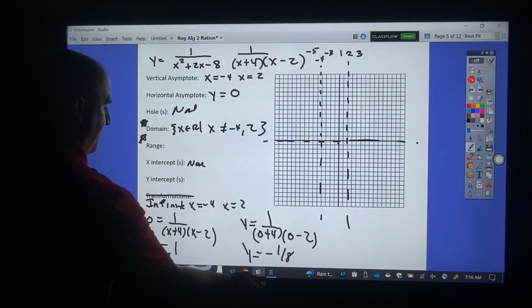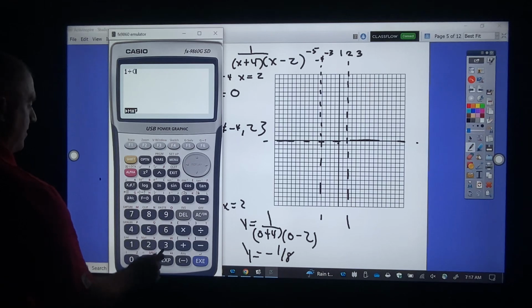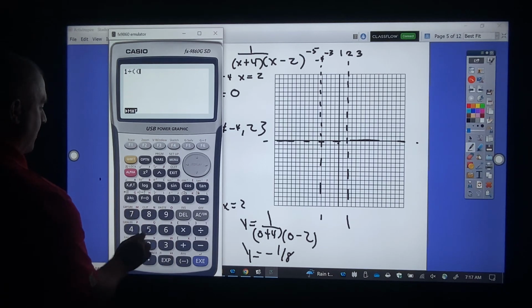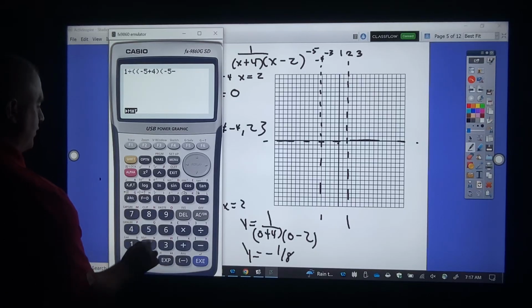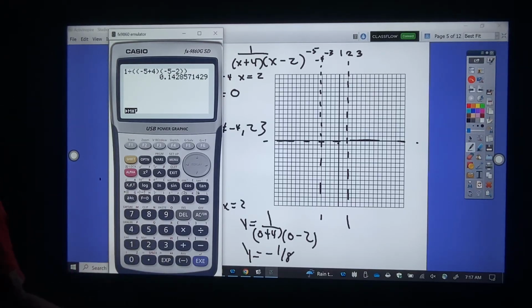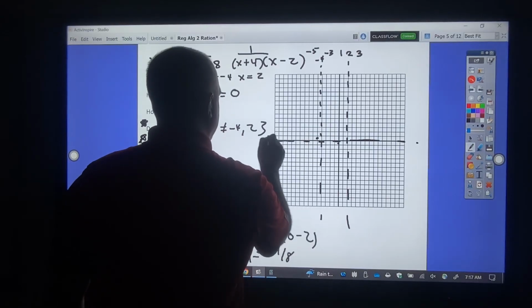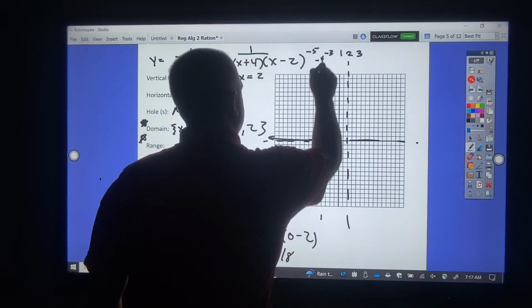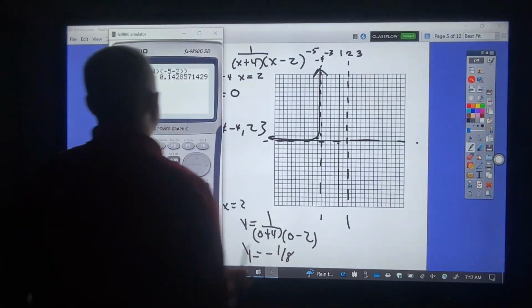Okay, I put -5 in. I've got 1 divided by -5 plus 4, -5 minus 2. Okay, so I get a positive result there, which would be here, which means that this curve does this. Okay, I would do the same thing over here on this side with 3.